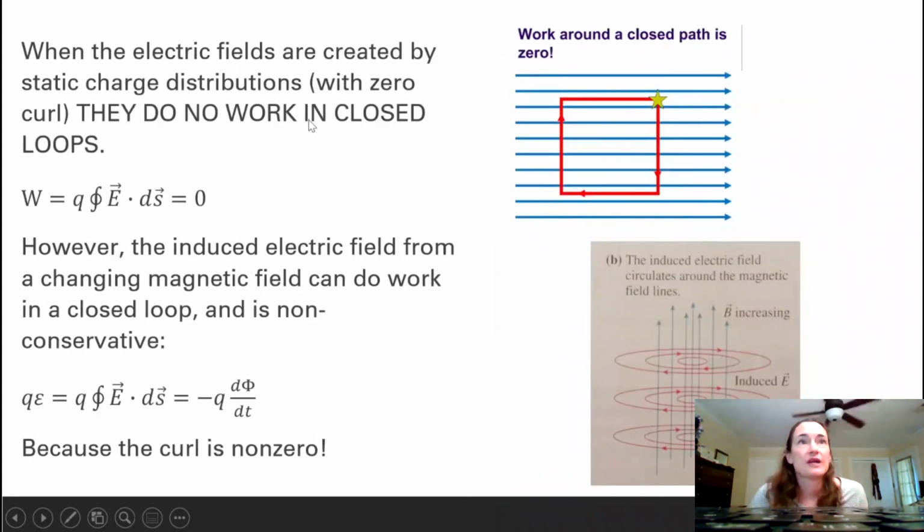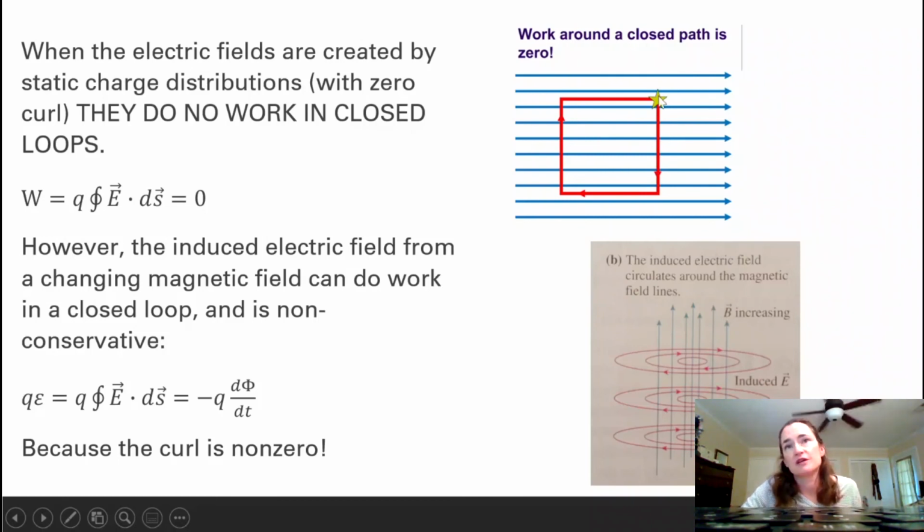When electric fields are created by static charge distributions with no curl, they do no work in closed loops. We said this explicitly in a previous lecture, and here's the picture to prove it. Here's an electric field, indicated in blue, pointing to the right, and we have our little star charge walking a closed loop. When it goes perpendicular to the electric field, those components are zero by definition of the dot product.